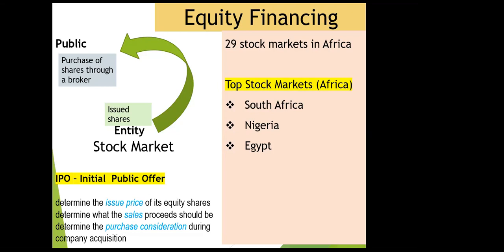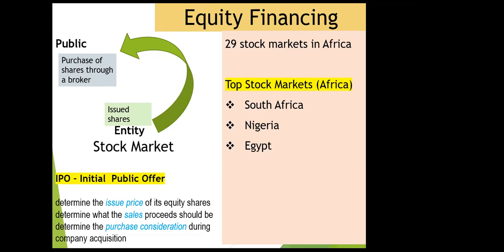Now, how does it work? From inception, you know how much you want to raise. And based on how much you want to raise from this market, you determine the issue price. This is the amount that you're going to sell each respective share for on the market.